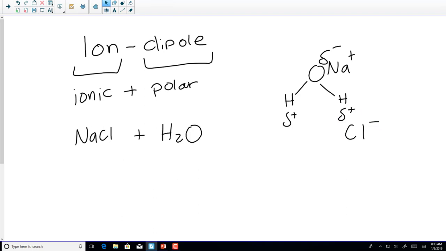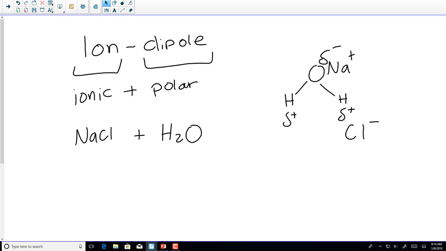And this is what allows small polar molecules such as water to dissolve ionic compounds because they literally help pull apart the ions. This is how it dissociates. It literally pulls it apart by drawing the positive ion to one end of the molecule and the negative ion to the other end. They literally rip apart the ionic compound.